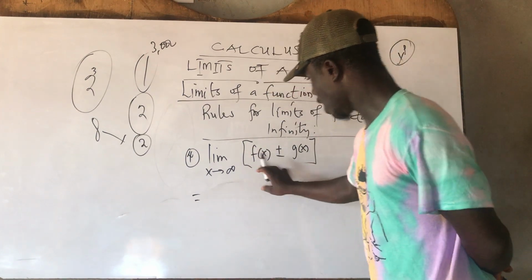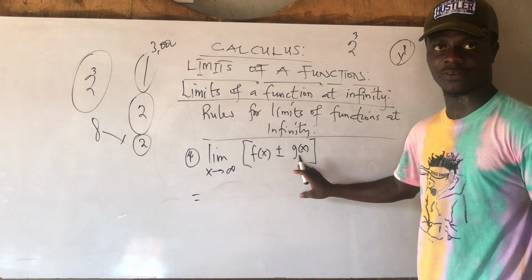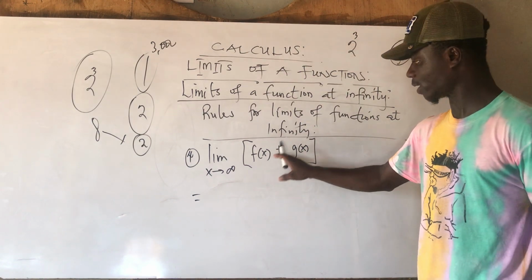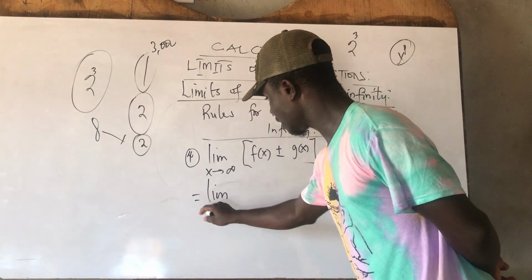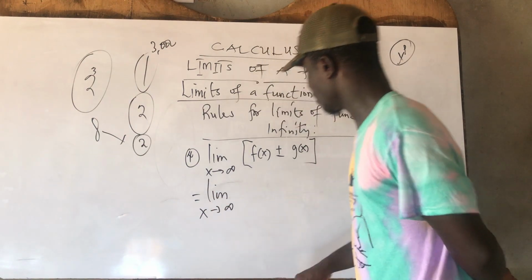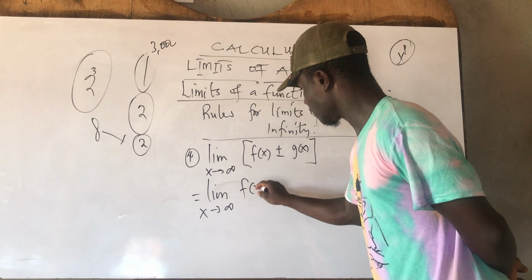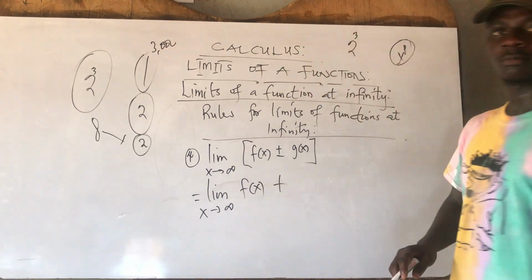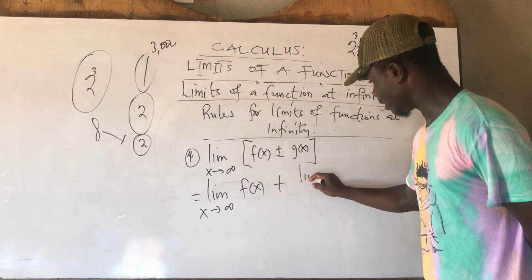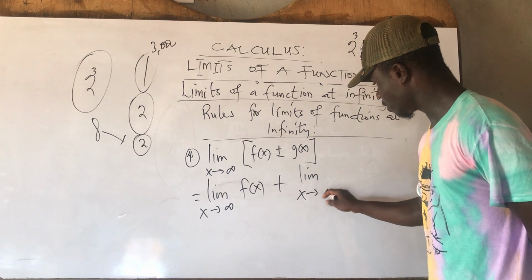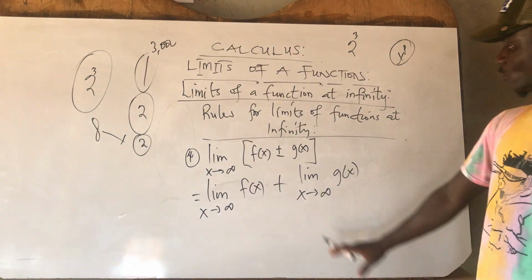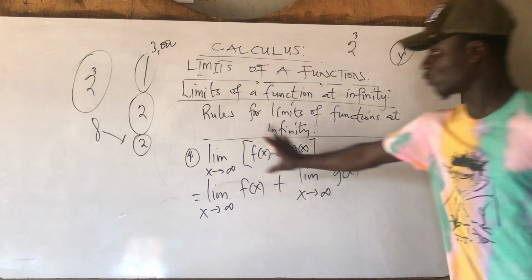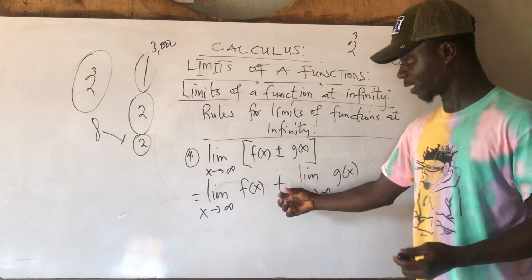We have two functions inside the bracket here, so I'll say that the limit as x approaches infinity of f of x plus the limit as x approaches infinity of g of x.